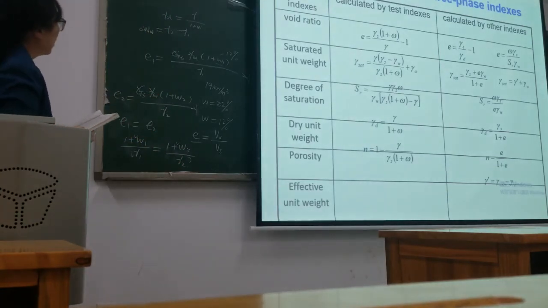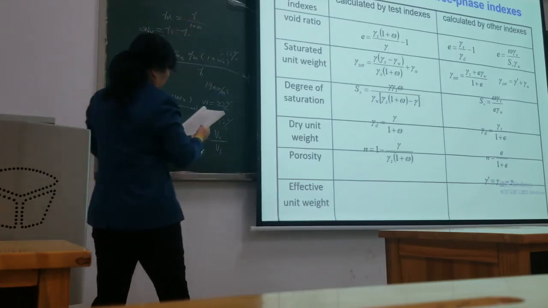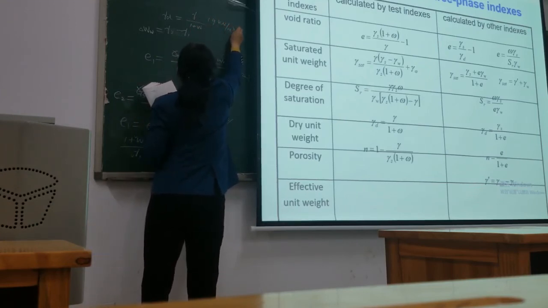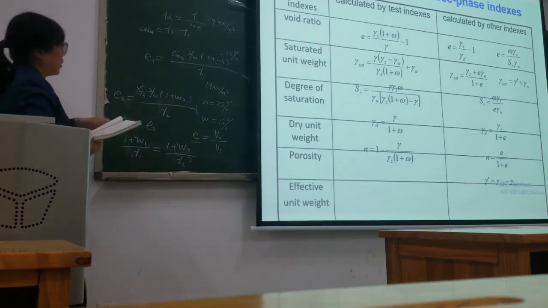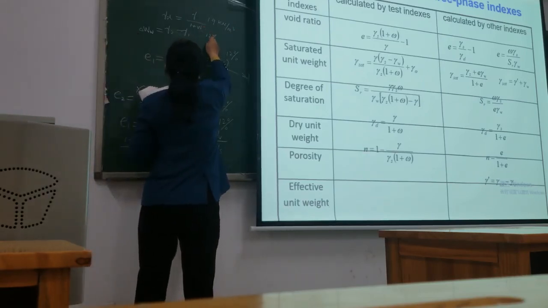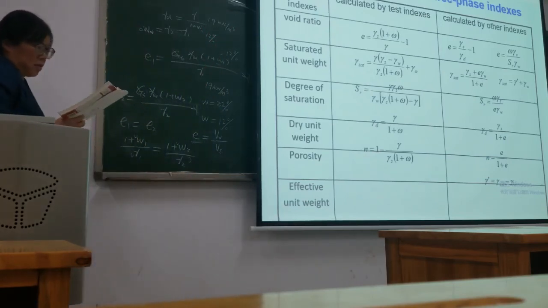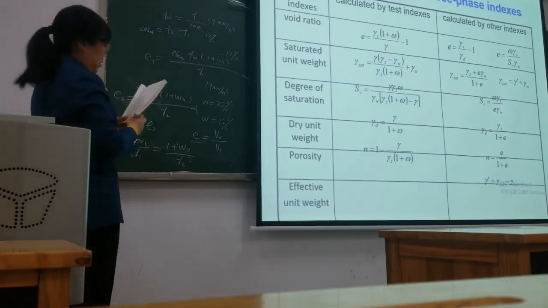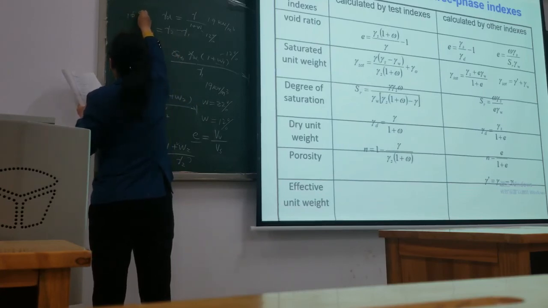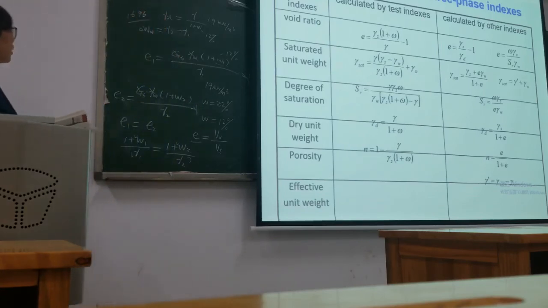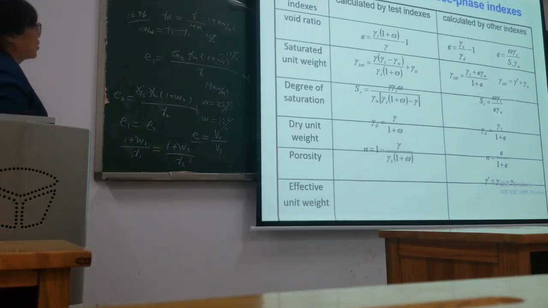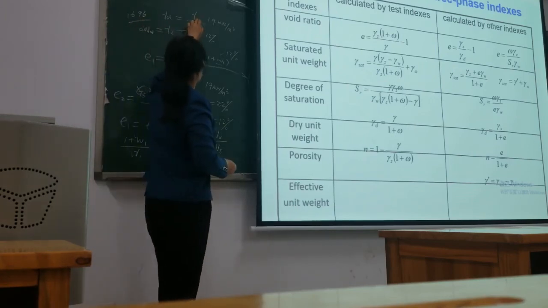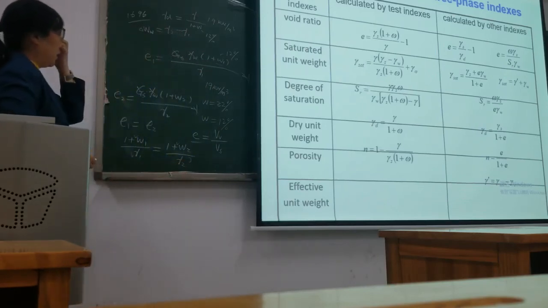Use the unit weight 19, and here is 12%, and the gamma d equals 16.96. Here, the difference between gamma and gamma d.